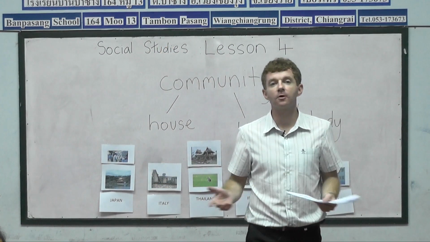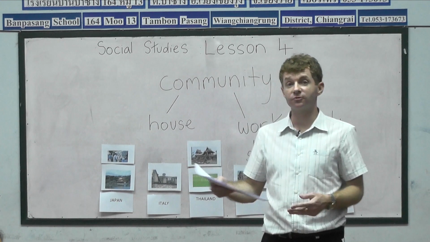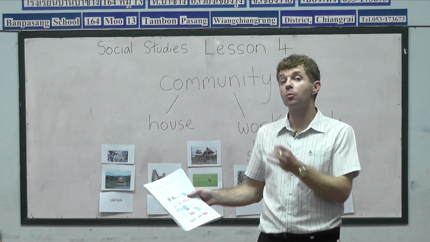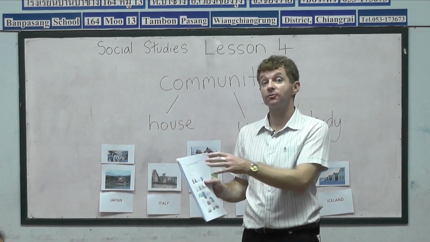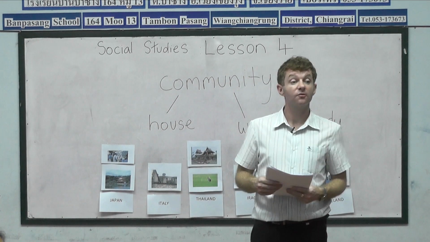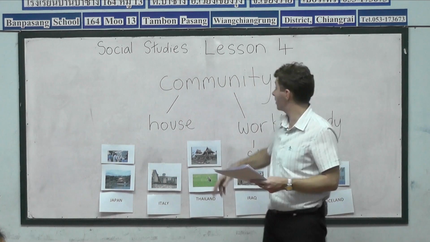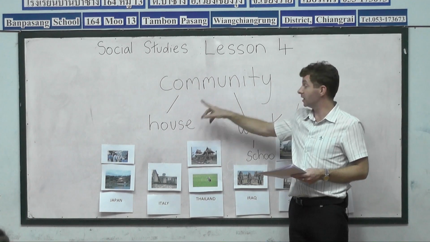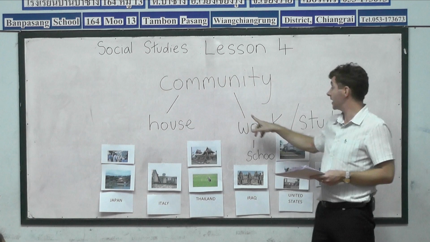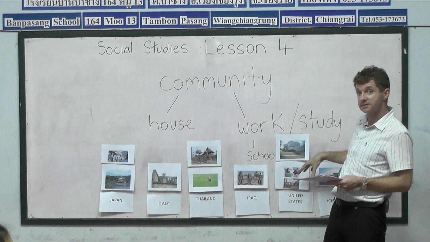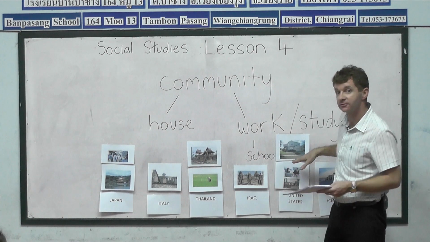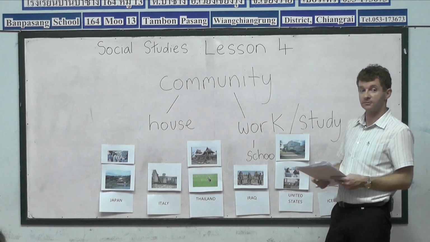Okay, teachers, welcome back to the lesson. We hope your students enjoyed filling in their worksheet activity, trying to match the different houses to the different countries. So today, guys, what did we learn about community? We learned house and work, and how the different types of countries have different houses and different workplaces.